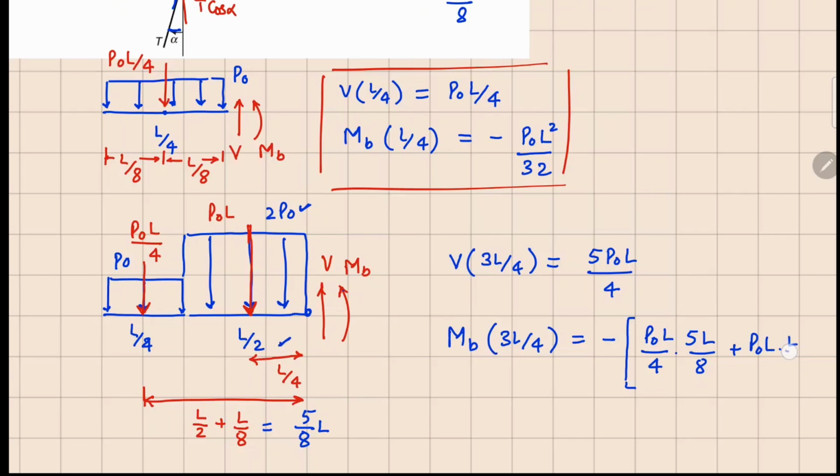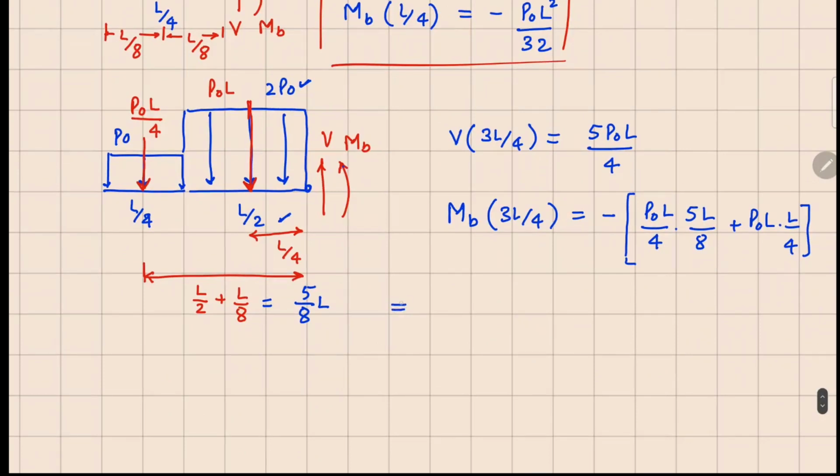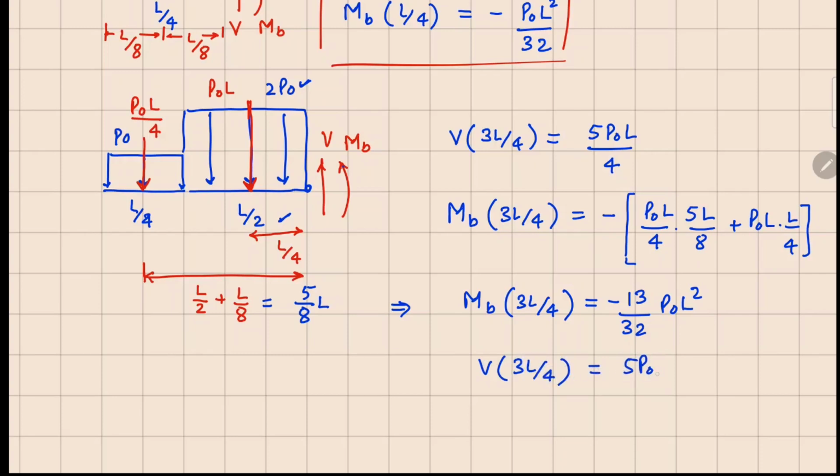So if I simplify, your MB at 3L over 4 is equal to minus 13 divided by 32 P naught L square, and the shear force we have already calculated, which is 5P naught L by 4. So these are the shear force and bending moment at 3L by 4.